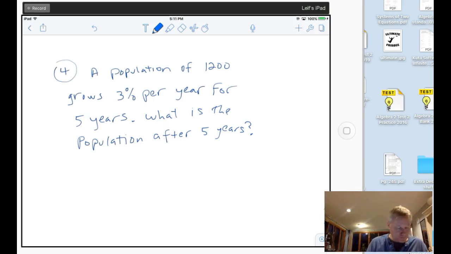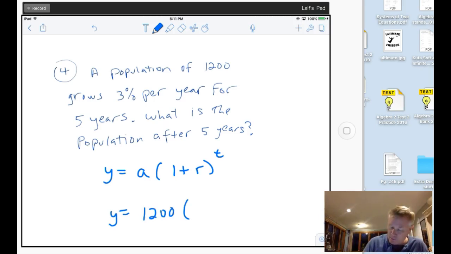For this one, I'm using that same equation, y equals a times 1 plus r to the t, where a is 1,200, because that's how many we started with. Reminder, 3% equals 0.03. So that's 1 plus 0.03. And the t is the amount of time, which is 5 years.